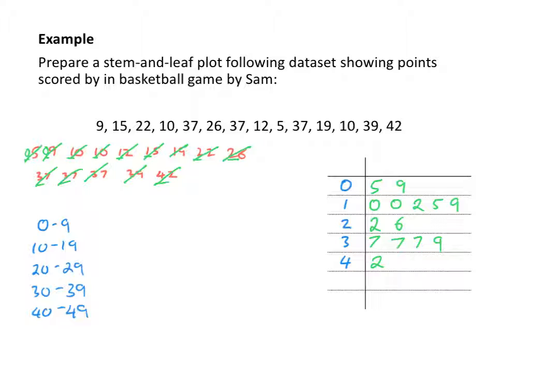So by placing the second digit into the leaf, I can now go ahead and read my stem and leaf plot. So 0, 5 is 5, or 1 and then a 2 is 12, 3 and a 7 is 37. Now, an important part of the stem and leaf plot is putting in a key so the reader knows how to read it.